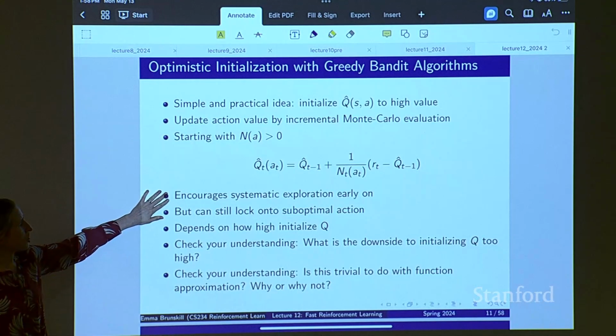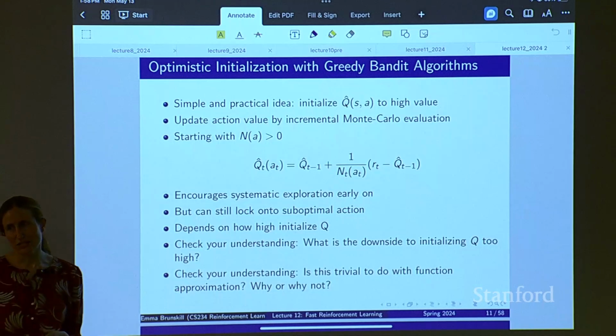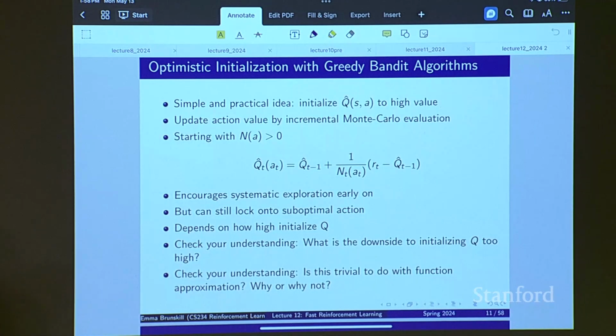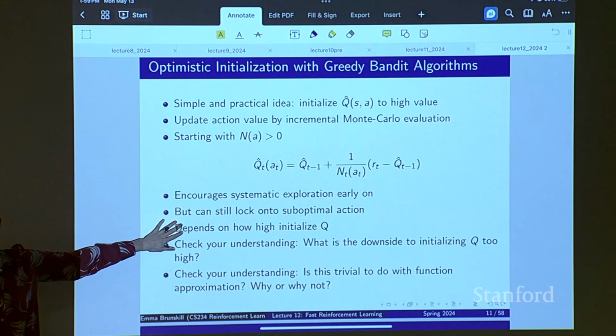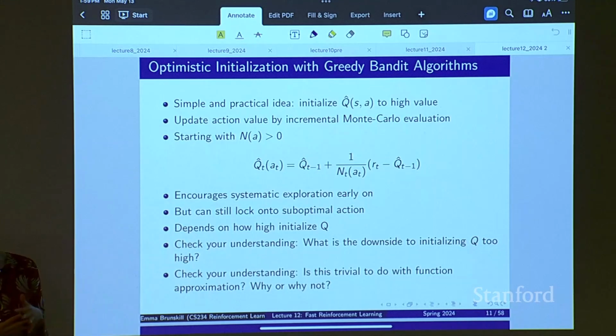It does encourage a lot of exploration early on, which might be really valuable. But in general, unless you get the value exactly right, which you generally can't know, because that's why you're trying to learn in the first place, then you can still lock onto a suboptimal action. And what I mean by lock on is that you converge to a suboptimal action and then you never try anything again, which means you'd get linear regret.